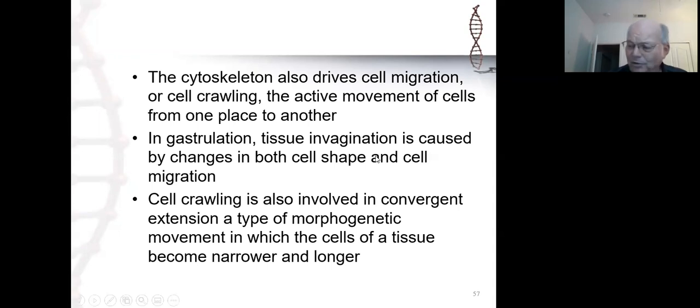So there is a process called convergent extension that is included under the umbrella of cell crawling that really is a rearrangement of cell layers from one form of layering to a different form of layering.